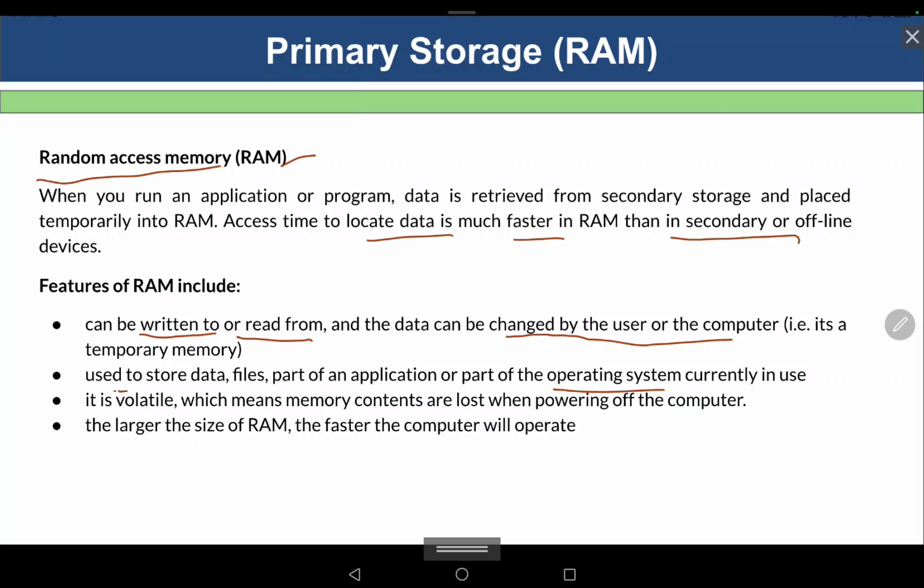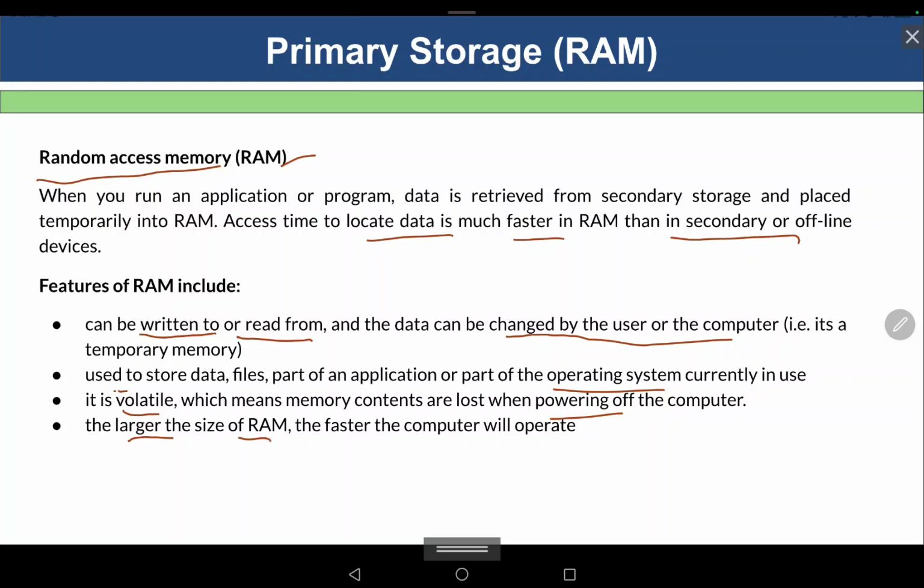When you need to open an app, this app is loaded from your hard disk drive into the RAM, which is much faster to access. It is volatile, meaning that when the computer powers off, the data will be lost. Everything in the memory will be lost. And the larger the size of RAM, the faster the computer will operate.